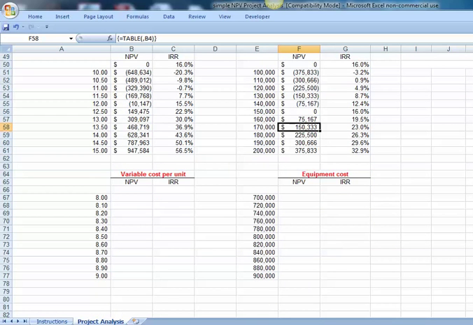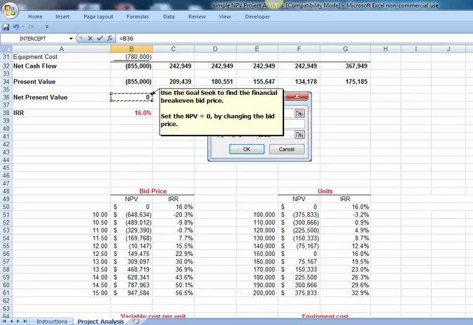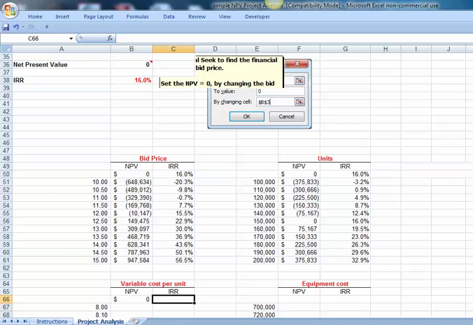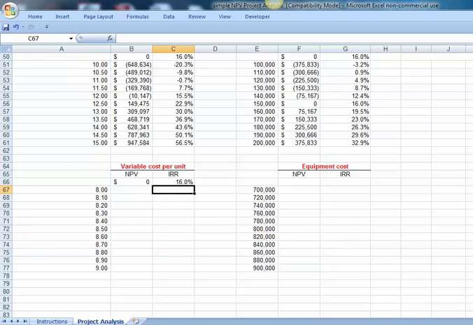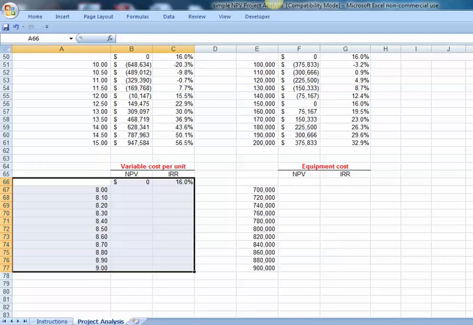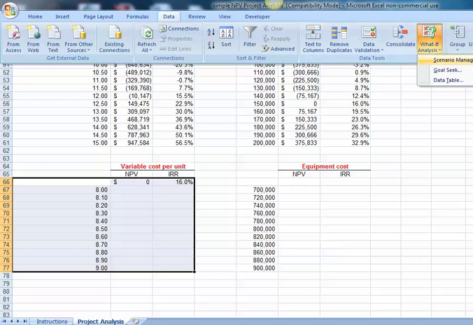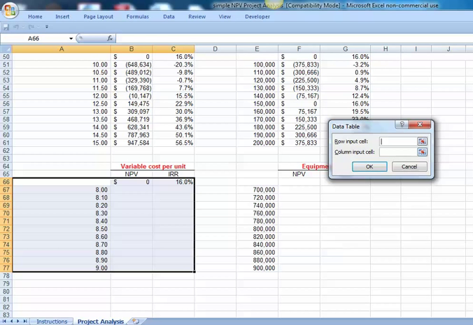Let's see how changing our variable cost would impact us. Again, equals net present value, equals IRR. We come down, highlight those cells. That includes, again, the IRR and the NPV up top. Data, what if, data tables.